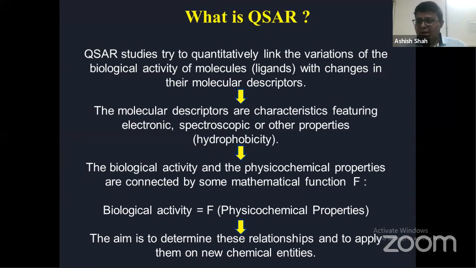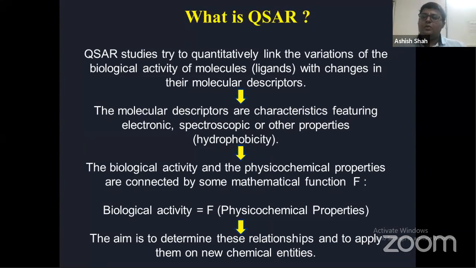And I am assuming that the biological activity of my compounds is due to the physiochemical properties of my compounds. So those physiochemical properties are going to play a role in biological activity, and that is my aim. That is what I'm assuming, and I'm deciding which physiochemical property is important and which is not important.